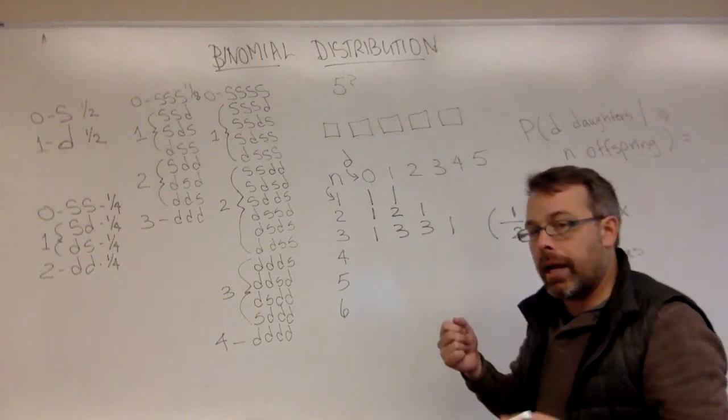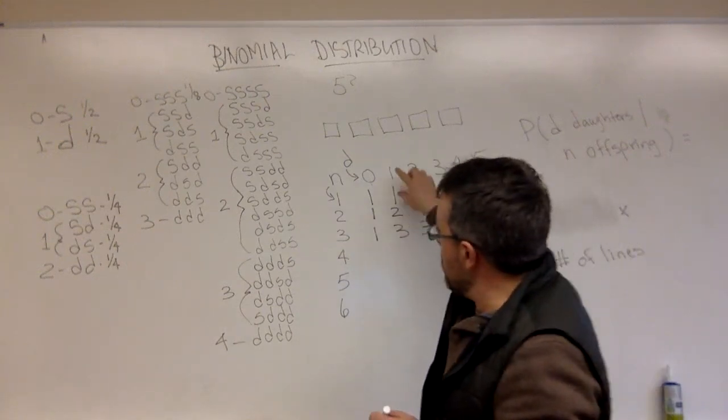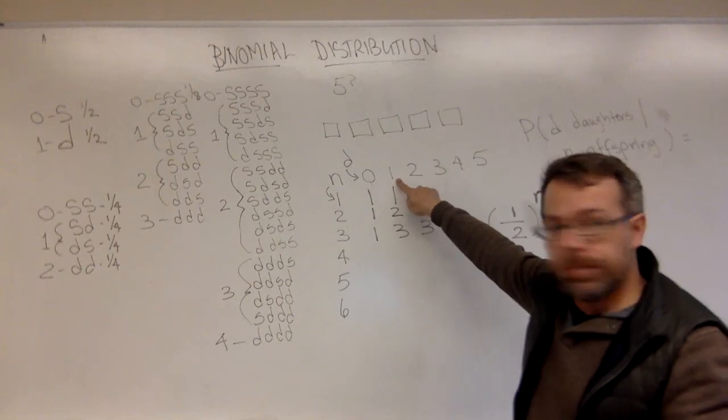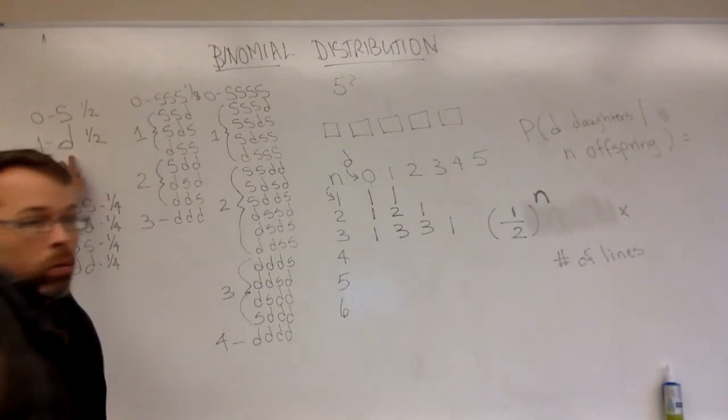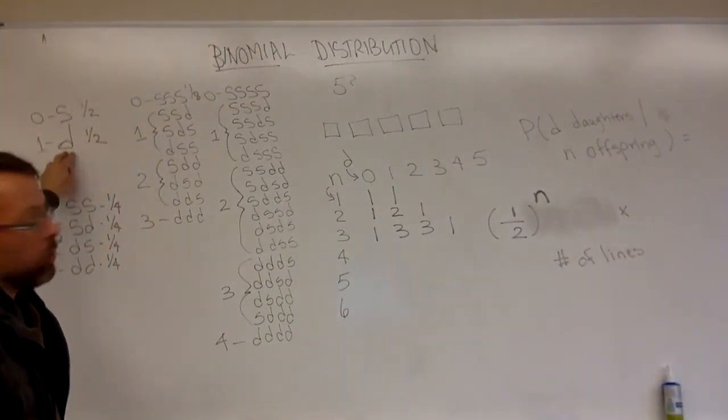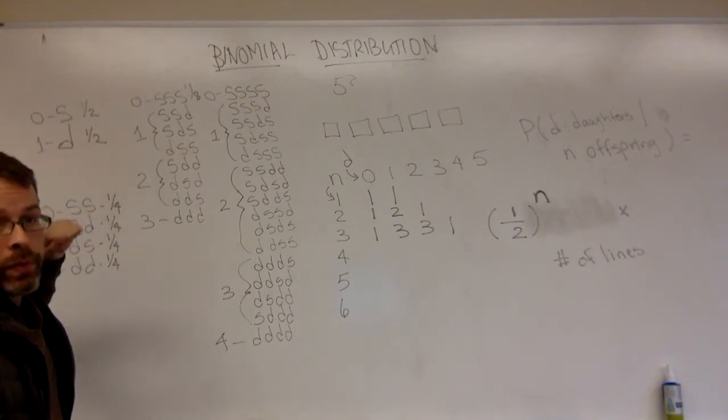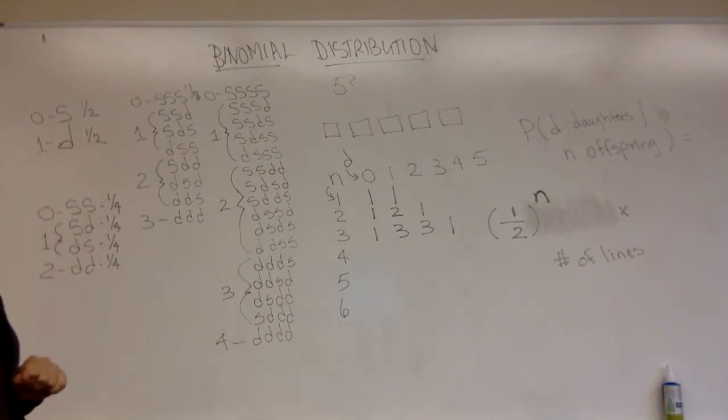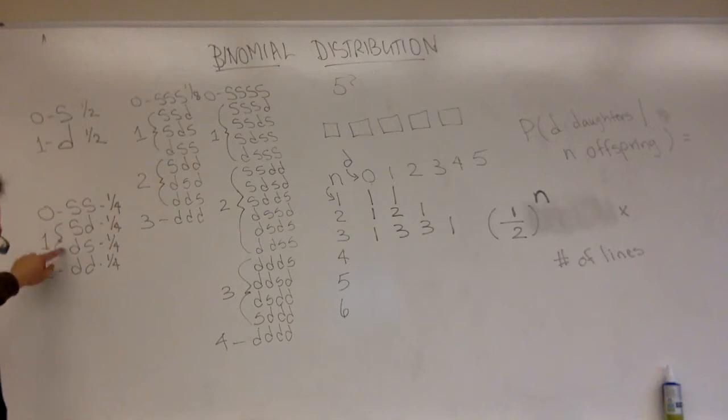Okay, we can also see that here we get 1, 2, 3. If we think about that, this is for getting 1 daughter. If we've only got 1 offspring, then we've only got one way to do that. The daughter has to be the 1 offspring. If we have 2 offspring, now we have 2 ways to do it. The daughter could be first, or the daughter could be second.